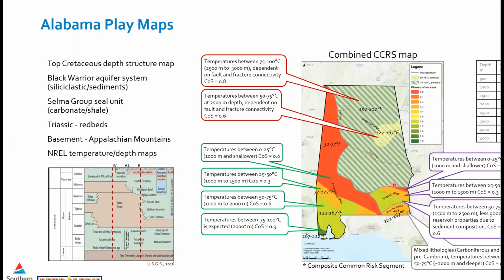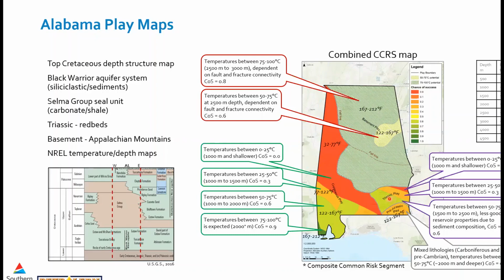When we look at the southeast area here with the Triassic play, you have a cold and not so interesting play segment with the chance of success of 0, and you're entering into areas where you have a higher chance of success, and the temperatures are increasing, and so the depths are also getting deeper.